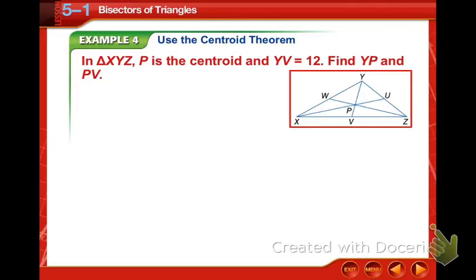So let's figure this out. We know that YV, this length here, is 12. We want to know what YP is and what PV is.